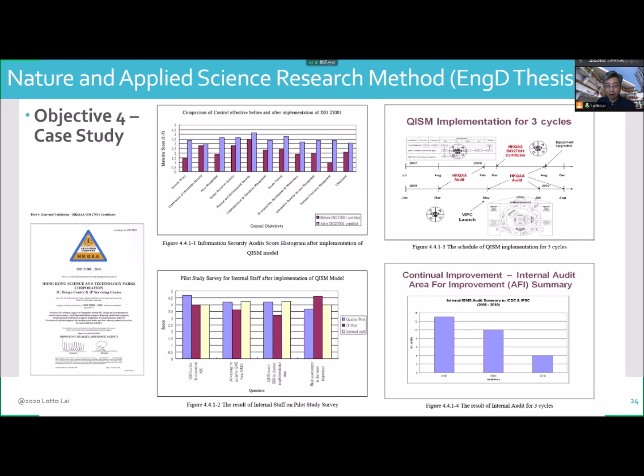And then validation using the case study. We have different surveys, implementation and certification, and also implemented several times with time series to see how successfully this model was implemented. We also studied the areas for improvement from internal audit and external audit.